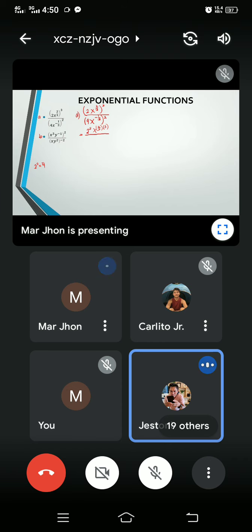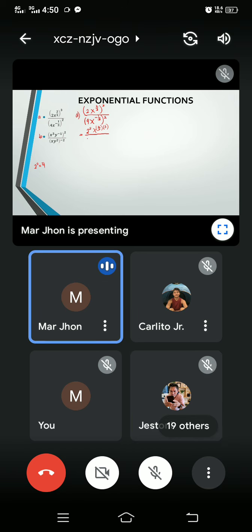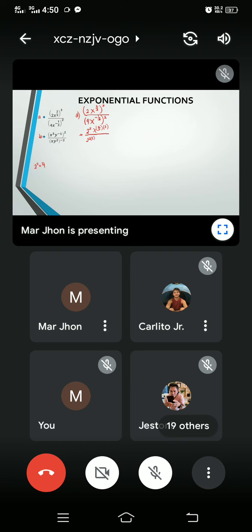I-multiply ramang gyapon. So then we have, ang 4 is 2 squared, sa atong butang 2 squared, then raised to the power of 2. So we multiply 2 times 2. Then we have x, then negative 1/3, raised to the power of 2 ra gyapon.